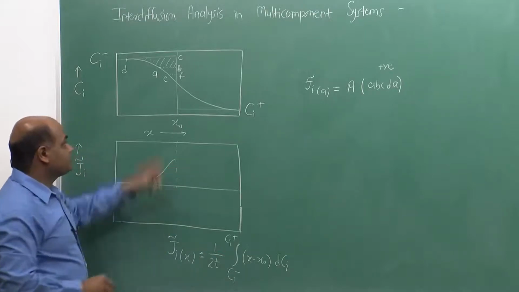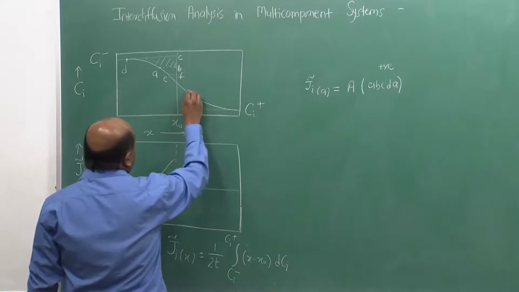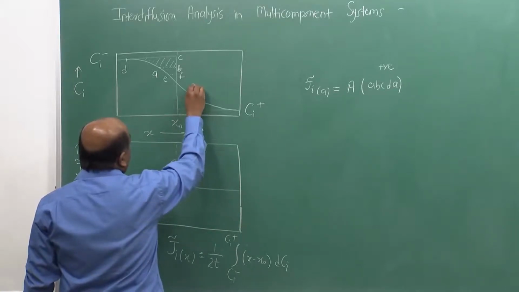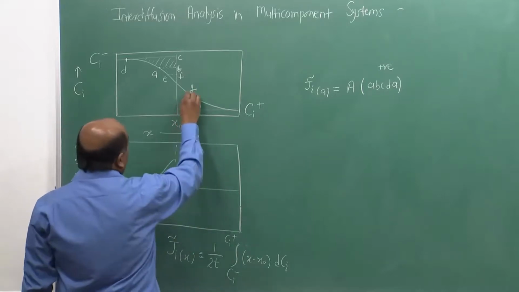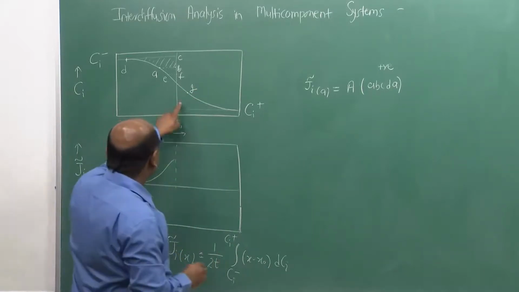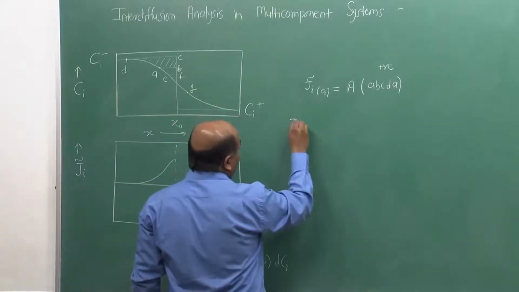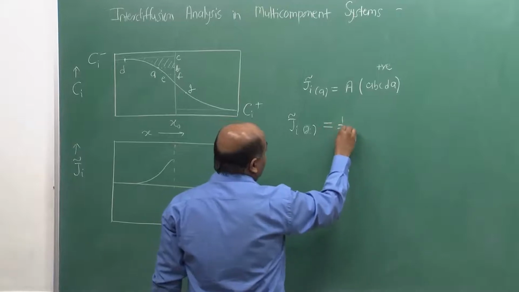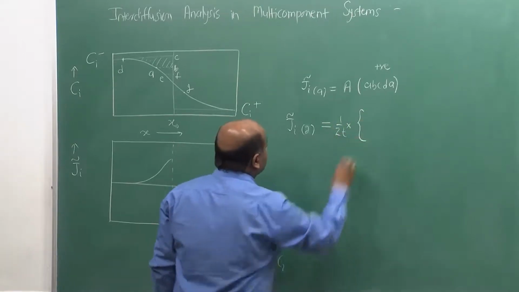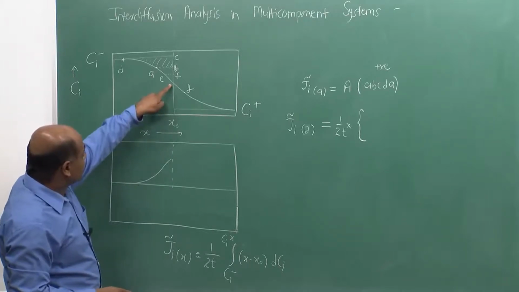Now, what happens beyond x naught? If we consider any position, let us call this G here. For this, Ji tilde at G would be 1 over 2t times... we first need to integrate up to x naught.